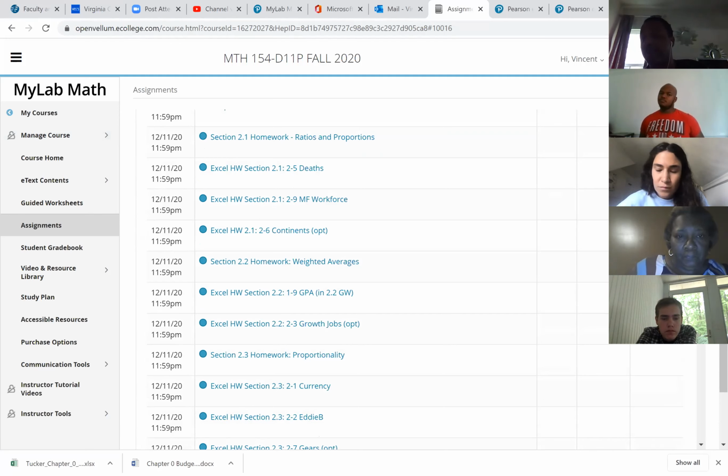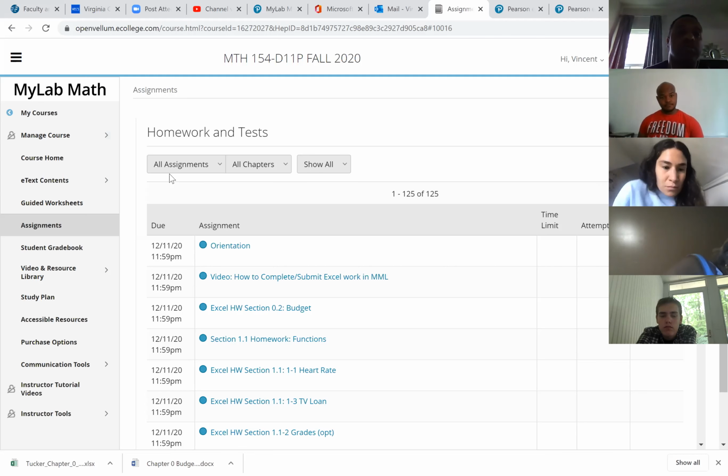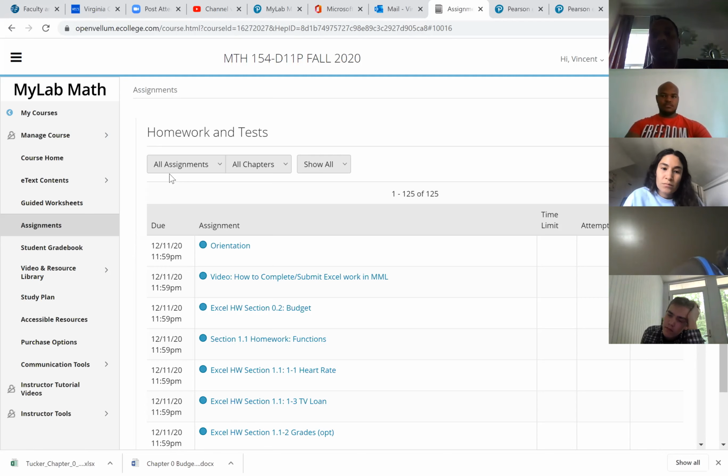Yeah, how do I register? www.mymathlab.com. Click on register as a student, and then use that course ID to register. All right. How do I get the course ID?